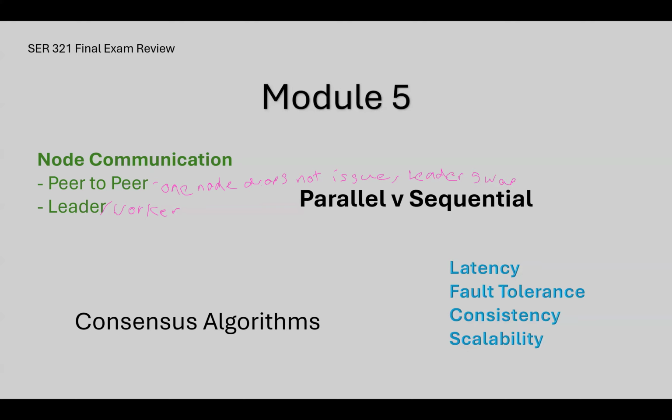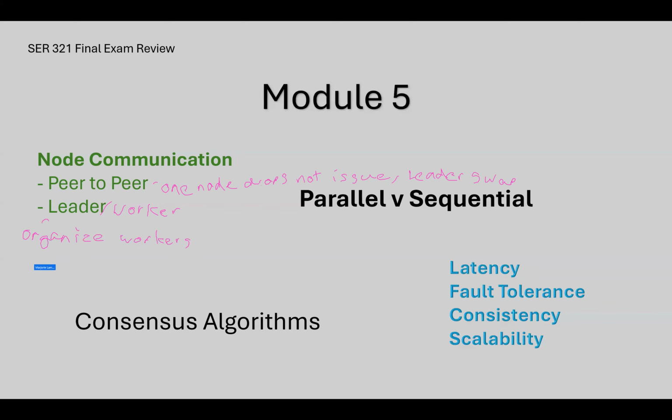But if the leader goes down, the whole network is offline until the leader comes back, or a new leader is assigned. Peer-to-peer is a bunch of equal operations working together, whereas a leader is like the conductor, and they are primarily used to deal with distributed algorithms.